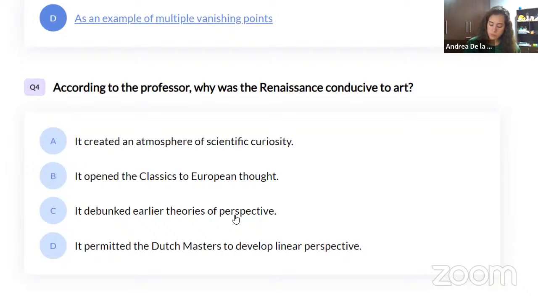Why was the Renaissance conducive to art? It's a big idea, right? It's not such a specific detail. What would you say?